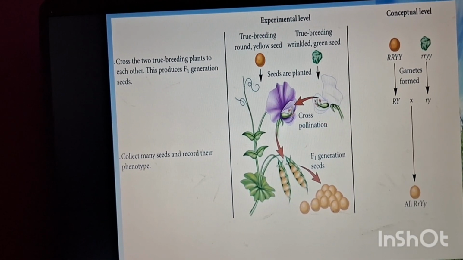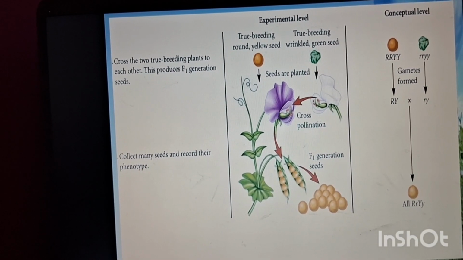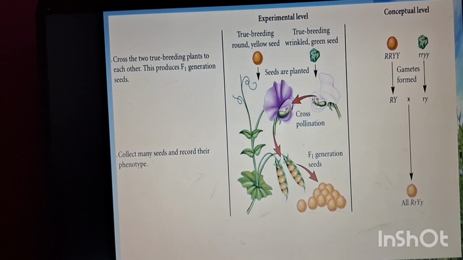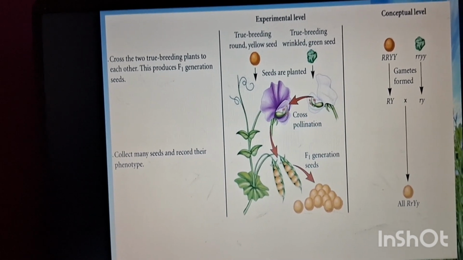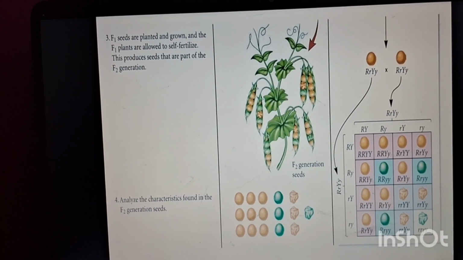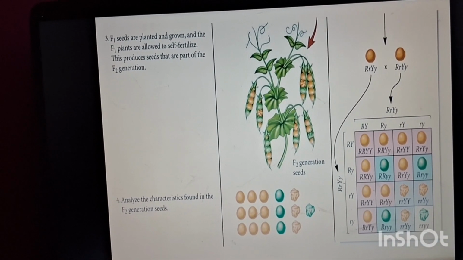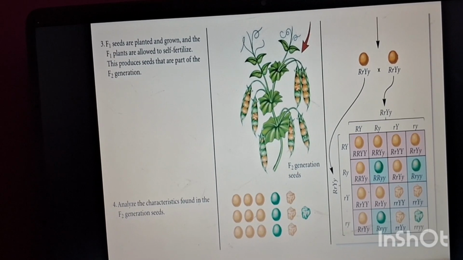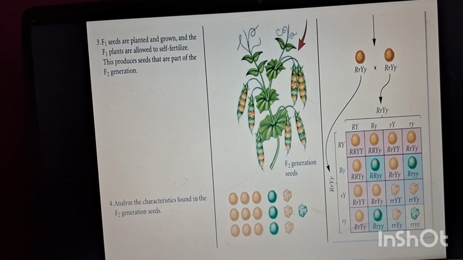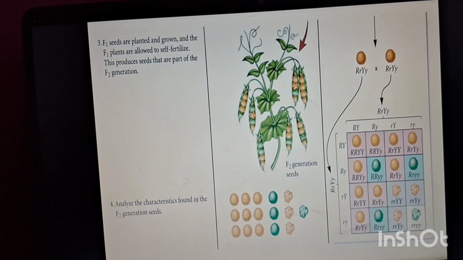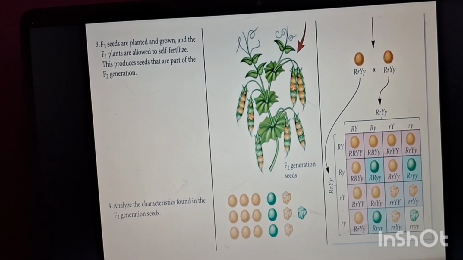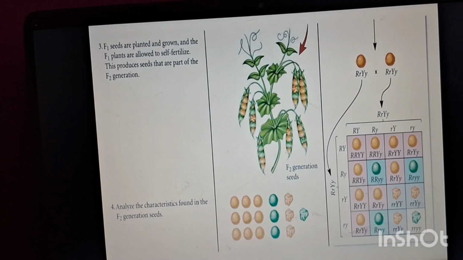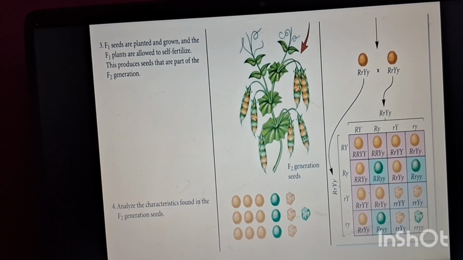Then self-pollination happens, that is capital R small r, capital Y small y crossed with capital R small r, capital Y small y. After the self-crosses, the gametes produced are capital RY, capital R small y, small r capital Y and small r small y.